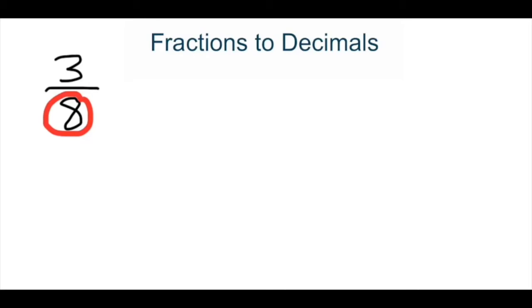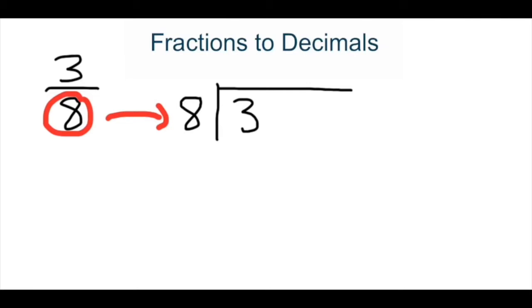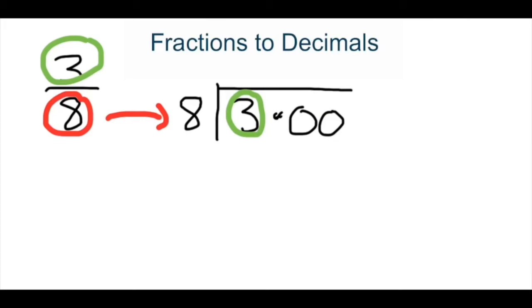So what we can do is set up our long division, and with this we put our 8 on the outside as the divisor, and we put our 3 on the inside as the thing that's getting divided. Now, you want to put some zeros after it, because we know that this is going to be less than 1, because 3/8 is not equal to 1.